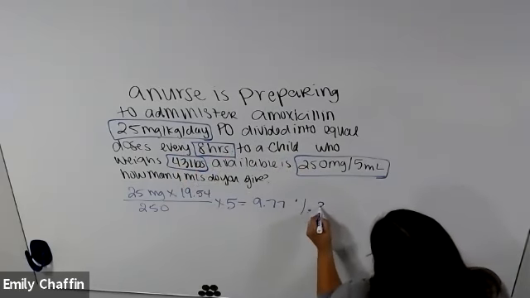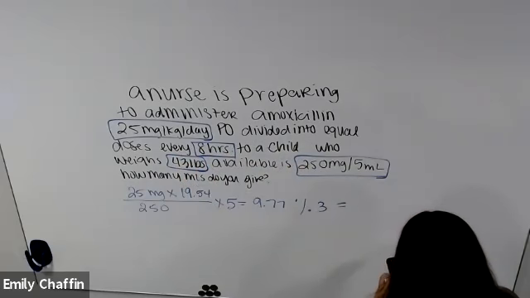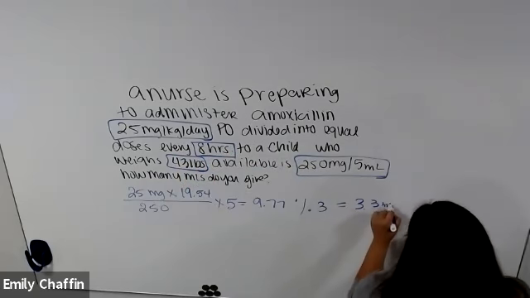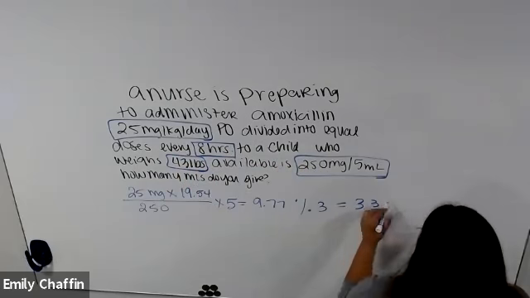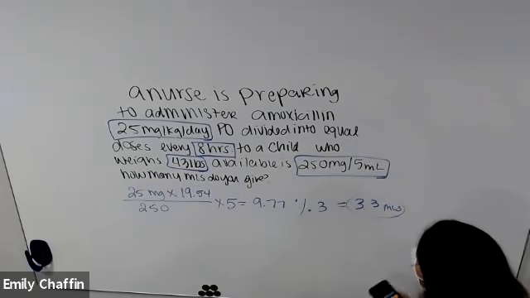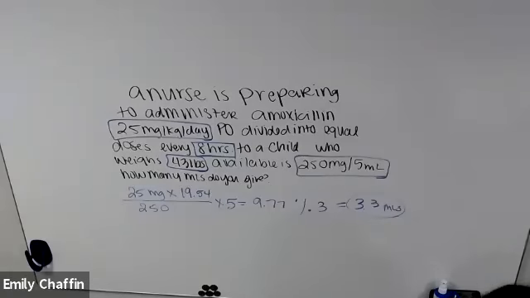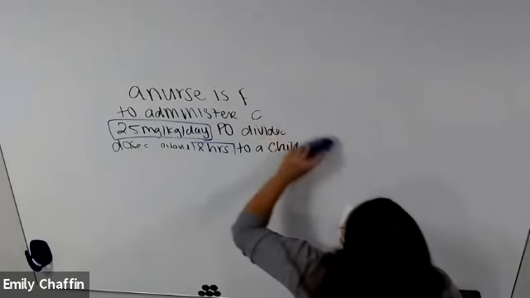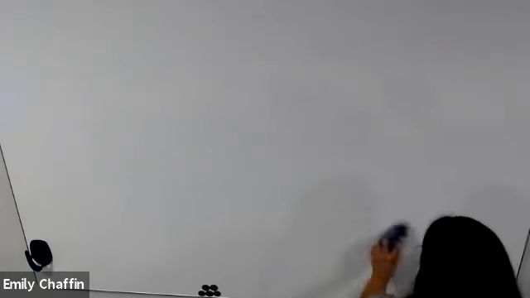So you're going to divide it by 3, which is how often you'll be giving it, which is 3.3. And then 0.8.